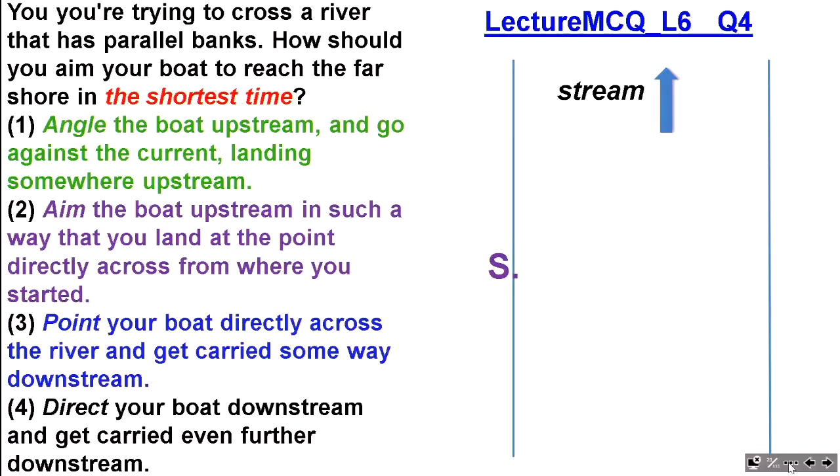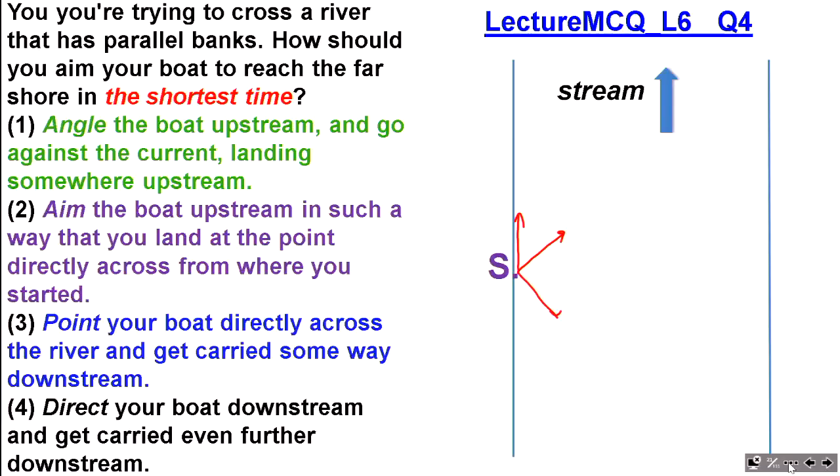And of course, we can investigate all the situations. What is important is that the speed of the boat relative to water doesn't depend on the orientation of the boat. It depends only on the engine you're using. So you can aim your boat like this, or like this, or like this.